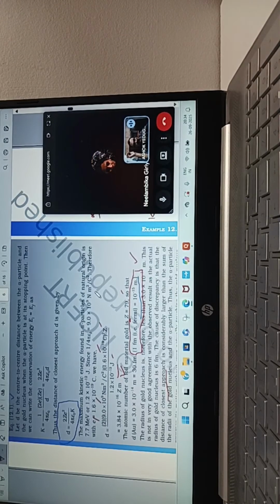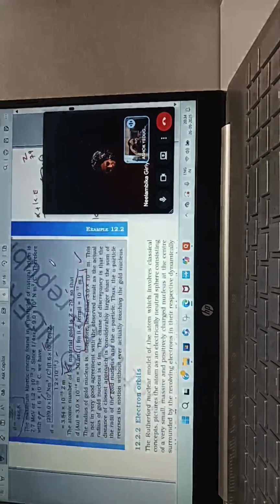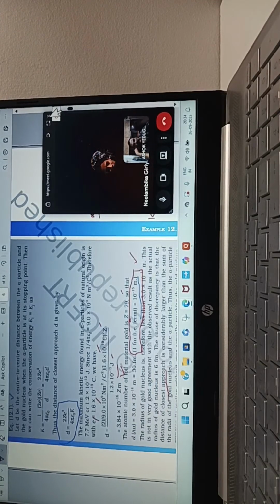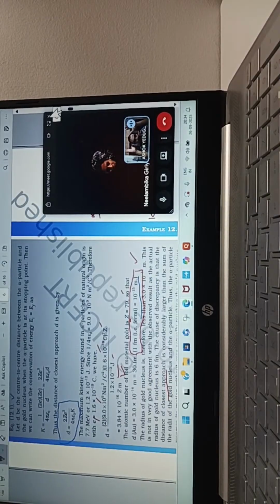How did you get that, 1.6 into 10 to the power of minus 19 or minus 13? 1 mega electron volt, how to calculate, do you know? Because that will help you. Sir, log tables are given in the examination, right, sir? No, don't do that. Remember it in a simple way. I will show you here.